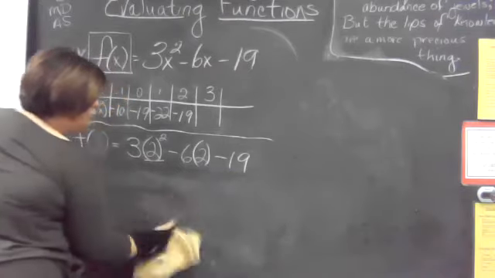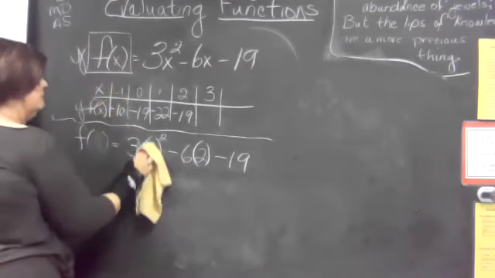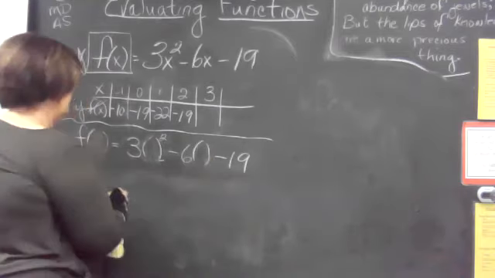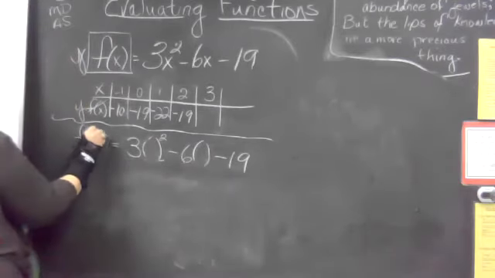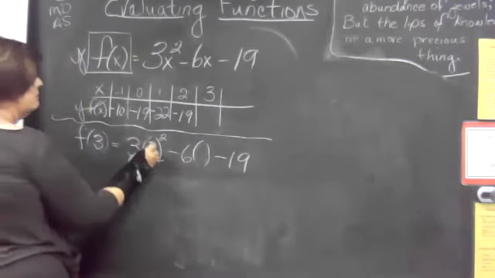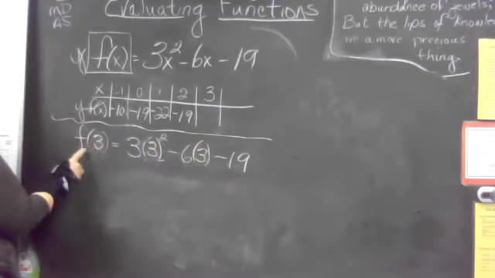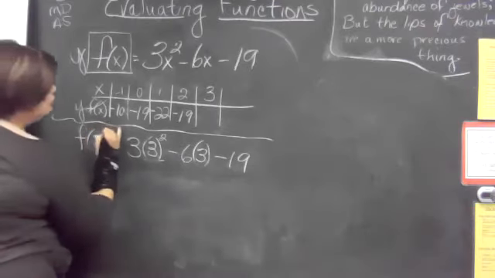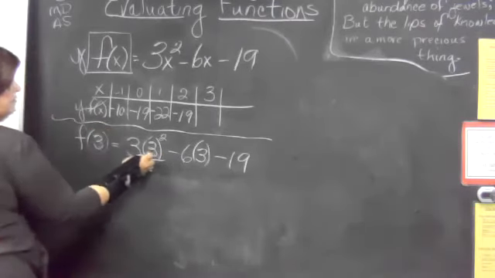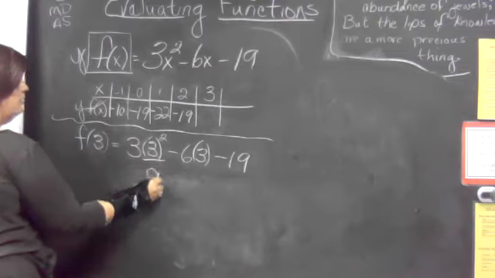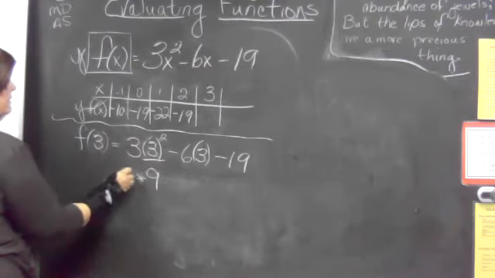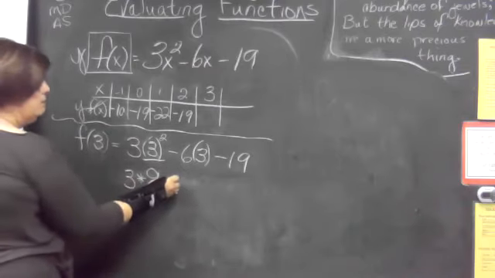Okay, one more. If you're joining remotely, be sure and interrupt me. I'm just playing. I don't want to put you to sleep. So f of 3. Okay, this simply is the rule and it tells you what to plug in. This is the work we do. So our exponent, 3 squared, is 9, not 6. Okay, be careful about that.